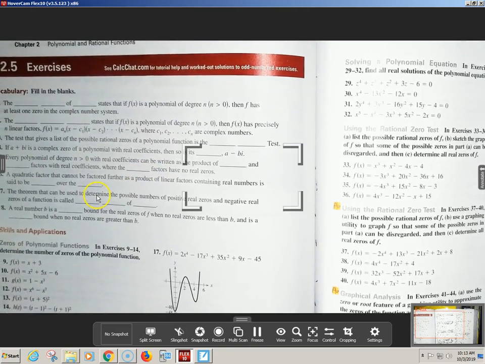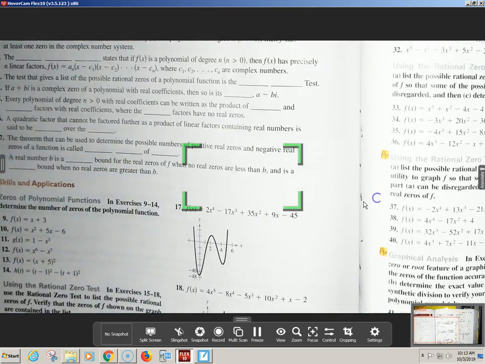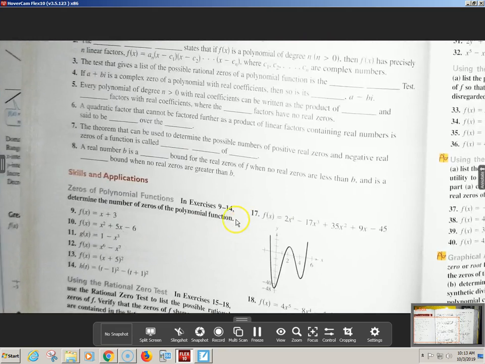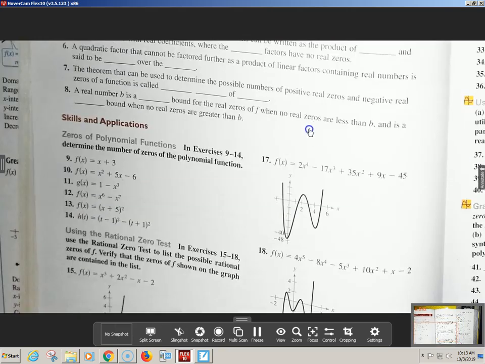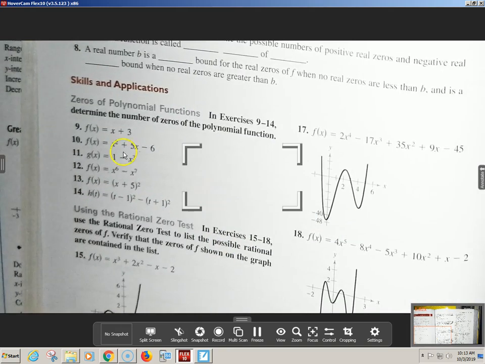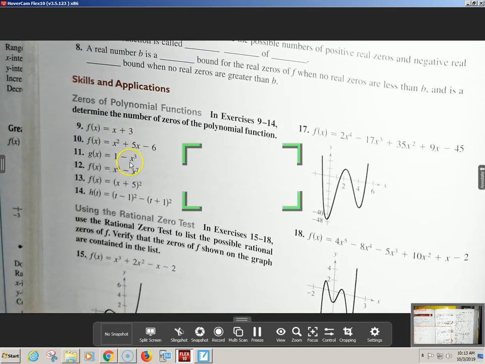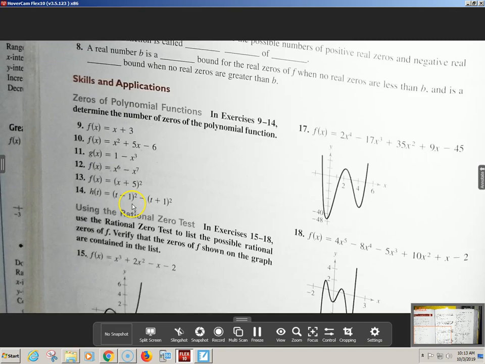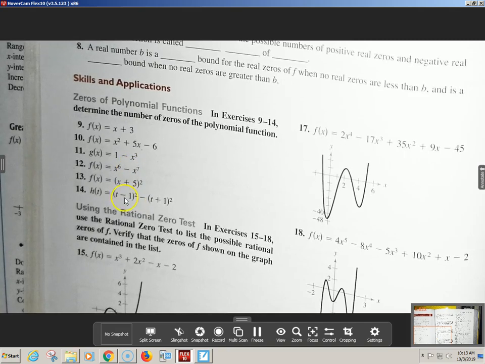Look at the vocab. That's a fun section. Anyway, let's keep moving. What do you notice about numbers 9 through 14? How hard are these polynomials to find zeros of? There are GCFs, and some are already factored. Be careful, but these are kind of simpler functions.